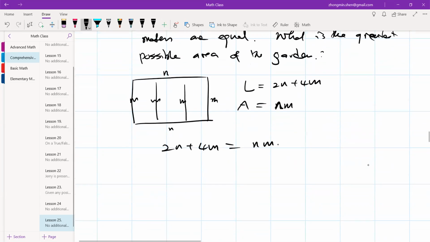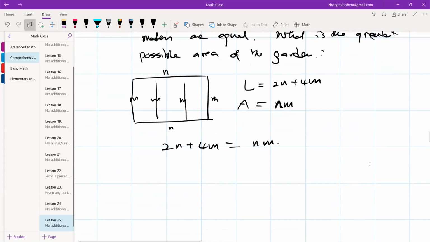All right, how do you do this? Well, you can solve for n or solve for m. Let's solve for n.